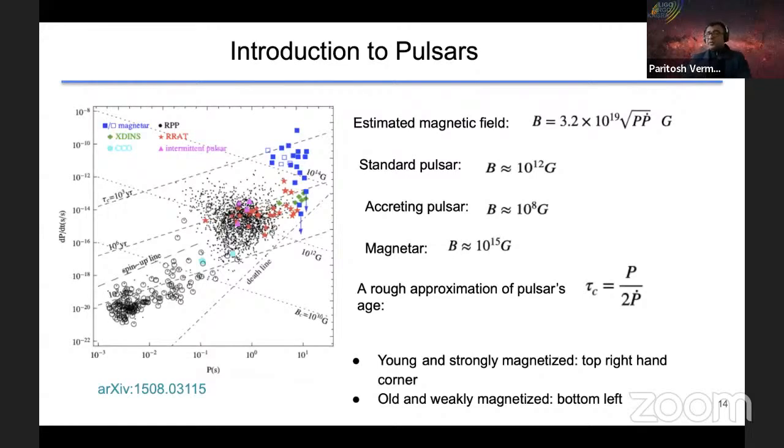The rough approximation of a pulsar's age is given by a characteristic time scale, which is P divided by 2 P dot. As seen in the left plot, young and strongly magnetized pulsars are on the top right-hand side of the plot, whereas old and weakly magnetized ones are in the bottom left corner. Next slide, please.